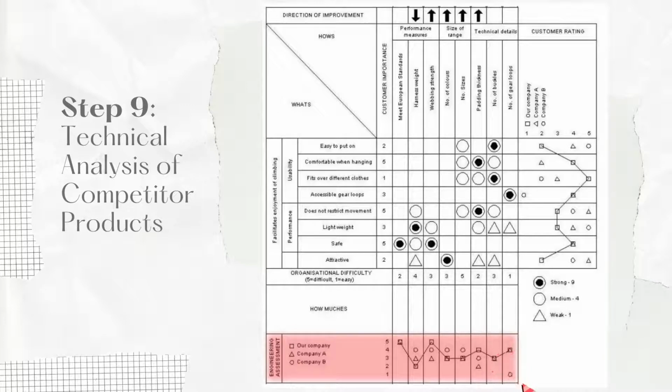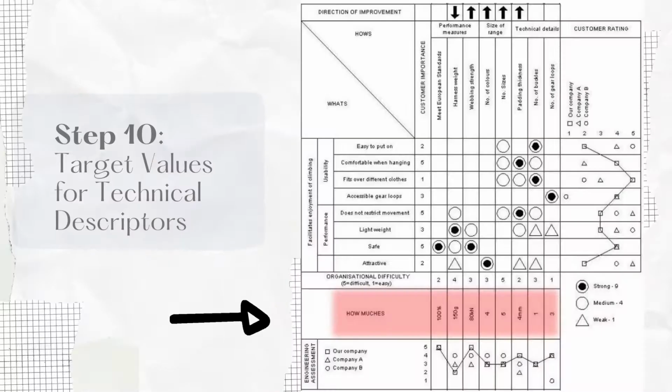In other words, it's like a comparison of the different competitors versus your design. Tenth step, target values for technical descriptors. At this stage in the process, the team begins to establish target values, which represent how much for the technical descriptors, and then act as a baseline to compare against.